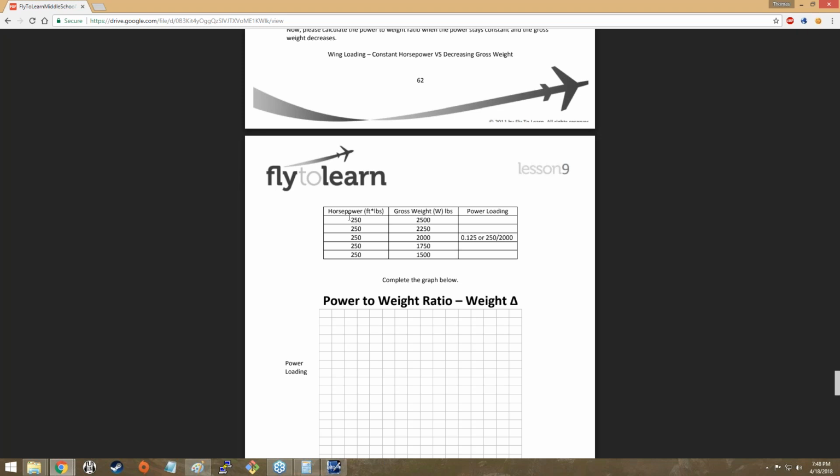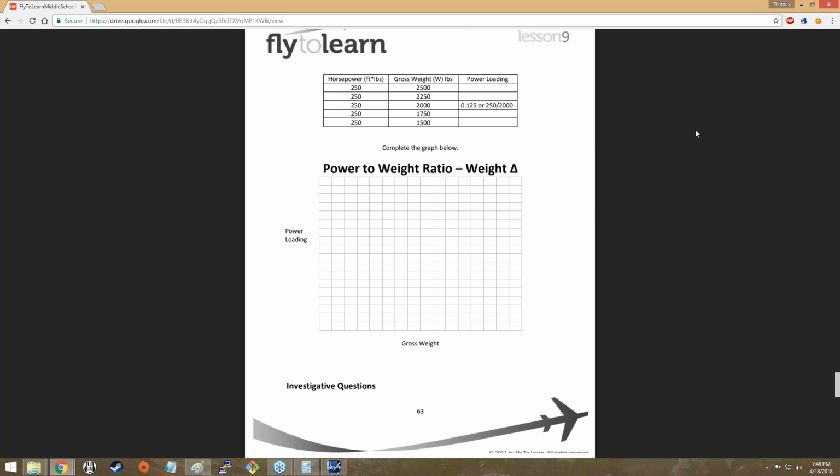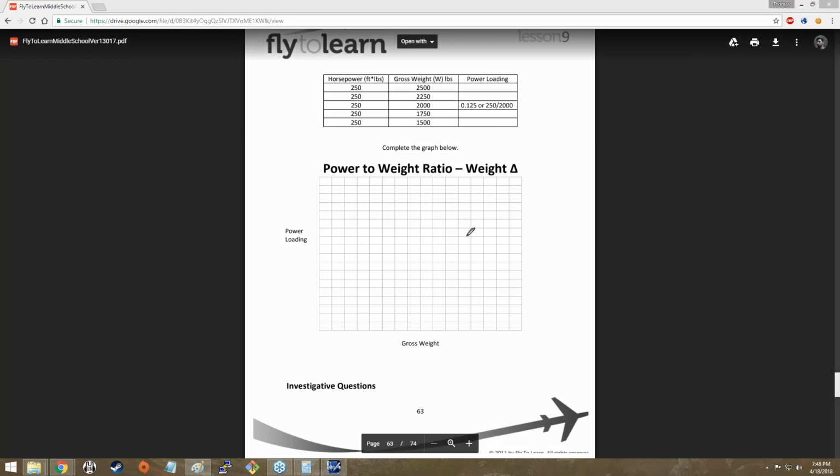Does power loading go up or down? Yeah, goes up, because it's horsepower divided by weight, right? So as the weight decreases, our power loading increases. So the plane has a higher power loading. And it would probably look something like that. Again, a straight diagonal line, pretty easy to predict.